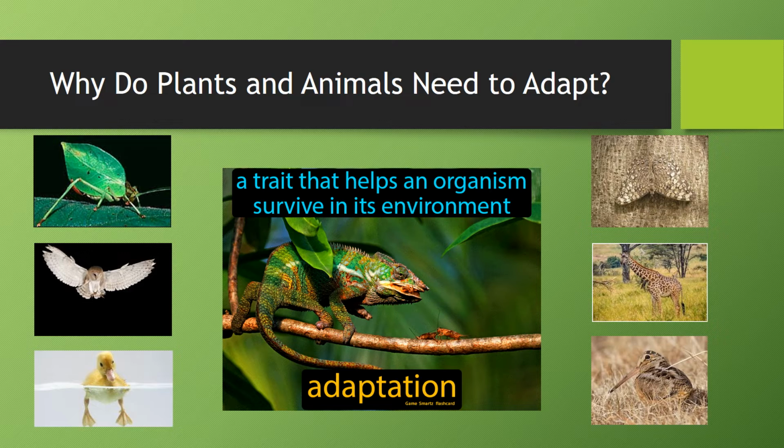So the giraffe has adapted to have a very long neck to be able to survive and find food. And they're mostly herbivorous, and they go up in the treetops and nip the leaves out of the trees.